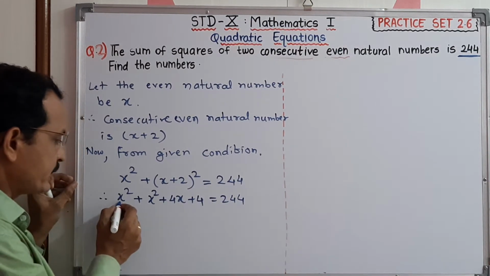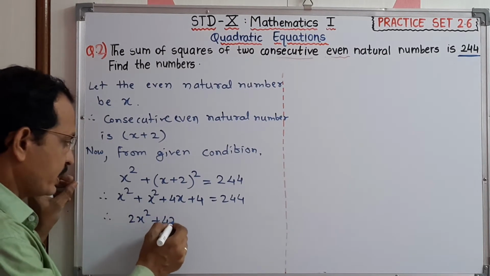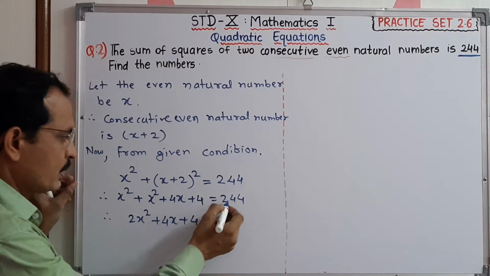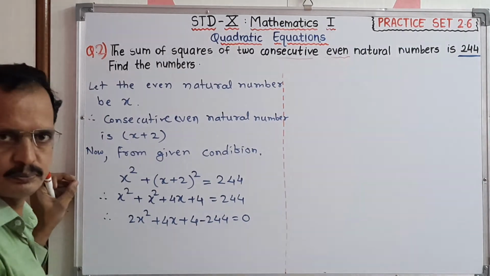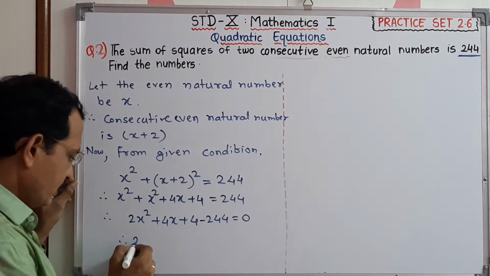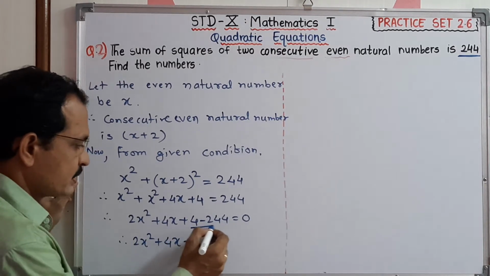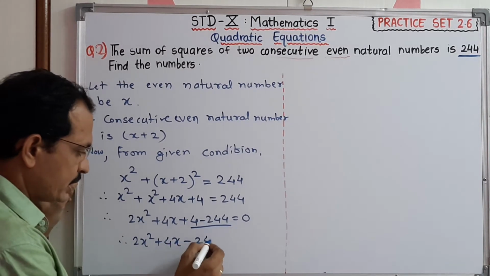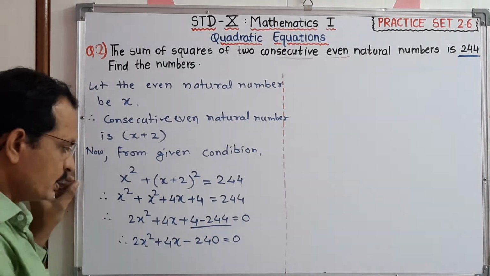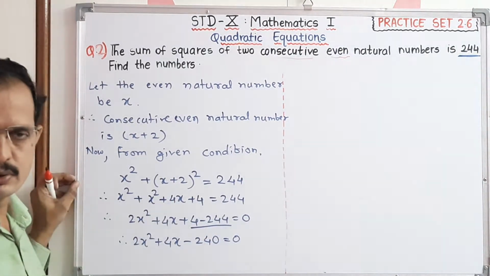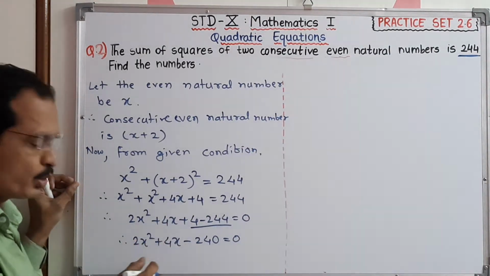Now this 1x square, it is 2x square plus 4x plus 4 minus 244 equal to 0. 2x square plus 4x minus, this we have to solve, it is 240 is equal to 0. Now dear student, this is our quadratic equation. To make it easy, we have to divide by 2 on both sides.